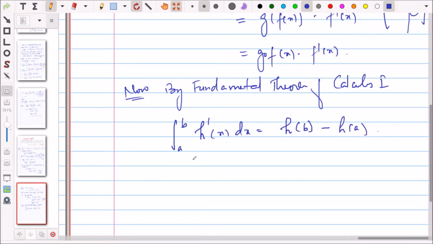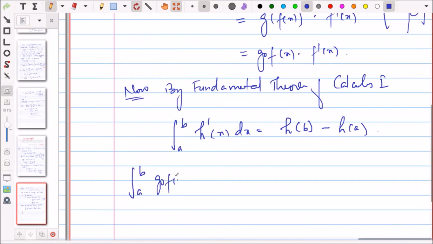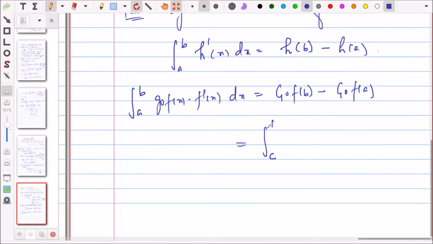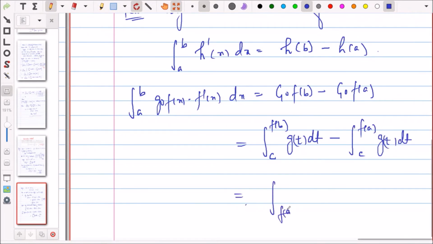These 2 points. So that is, अब h dash x की वैल्यू डाल दो. It is the integral of g(f(x)) times f dash x dx is equal to h(b), which is G of f(b), minus G of f(a). So this is the integral from C to f(b) of g(t) dt minus the integral from C to f(a) of g(t) dt, which is nothing but the integral from f(a) to f(b) of g(t) dt. So hence proved. Is it fine everyone?